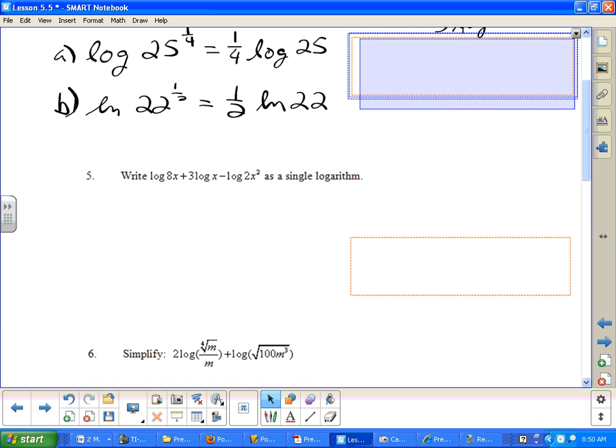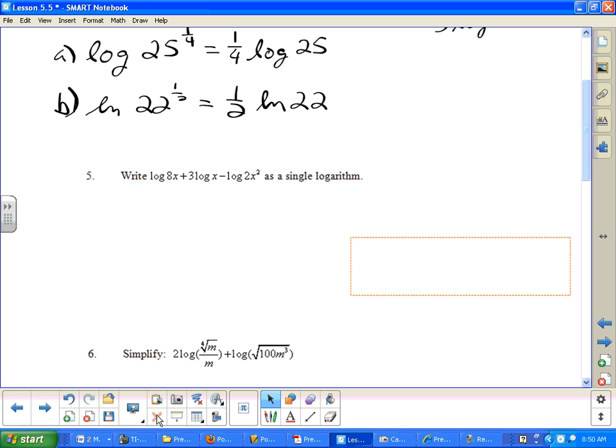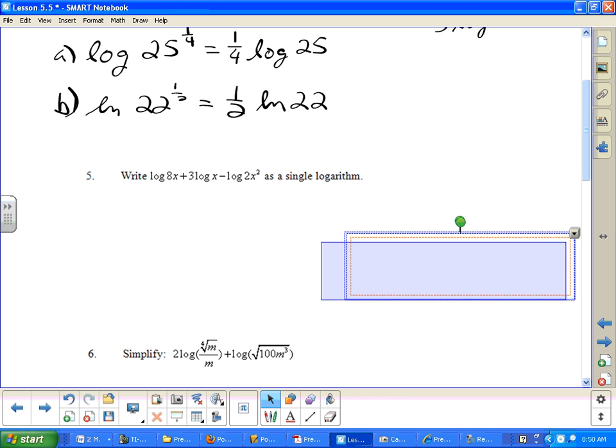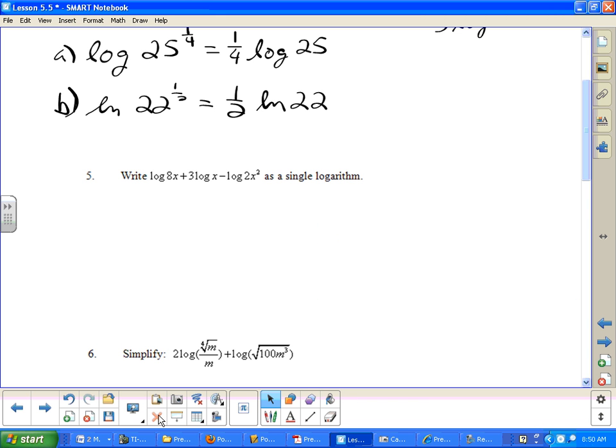No. You mean put an NL instead of LN? No. Because that's not the right way to write it. Because they knew you were going to come along someday, Paul, and they just wanted to frustrate you.